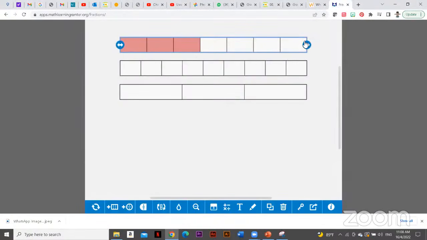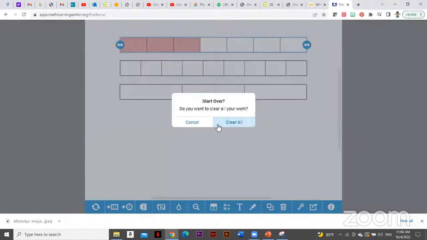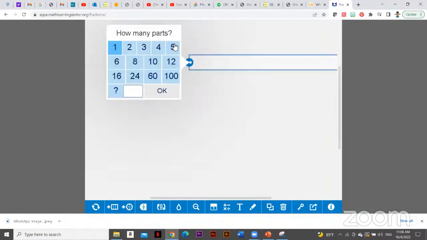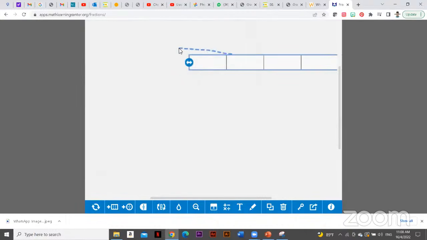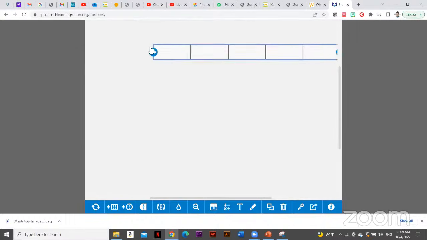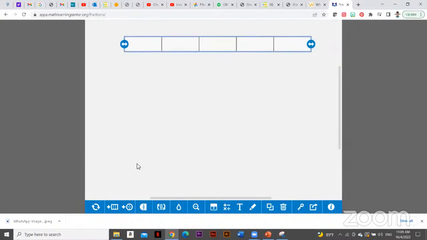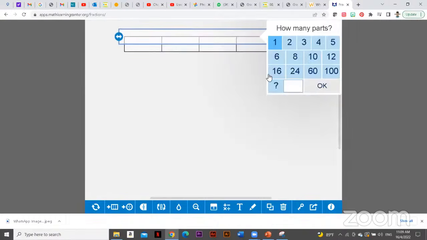And I'm going to express it here. All right, so I'm going to make 2 wholes, and I'm going to make one with 5 parts to show 5ths, and I'm going to make one with 7 parts to show 7ths.